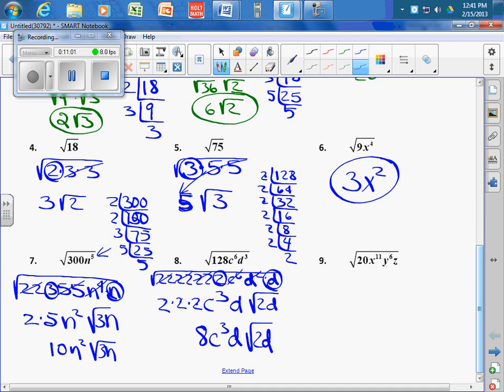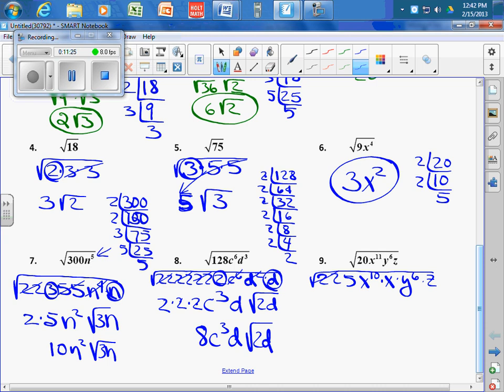In number 9, 20. I'm going to take 20, divided by 2, you get 10. Divided by 2, you get 5. So I'm going to have 2 times 2 times 5. I'm going to have x to the 10th times x, times y to the 6th, times z.